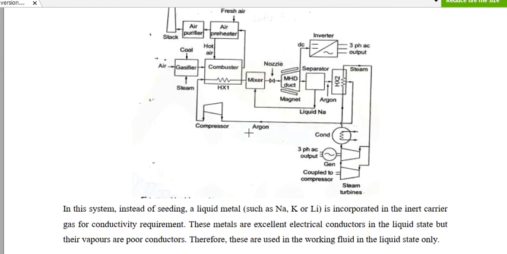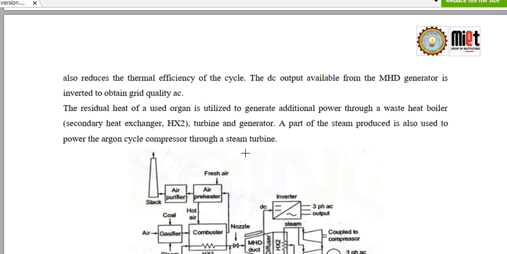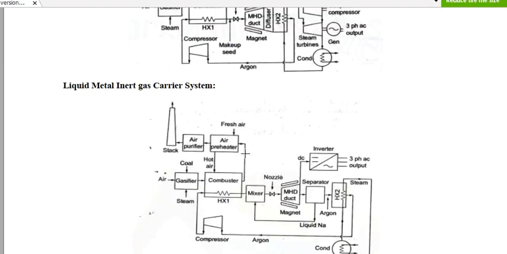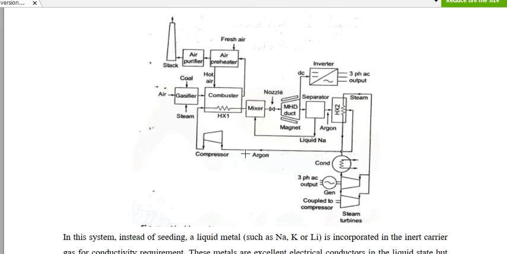So again, the working is very similar to the seeded inert gas carrier system. Only here, seeded gas is not used, but a liquid metal in equal proportions with the inert gas is used.